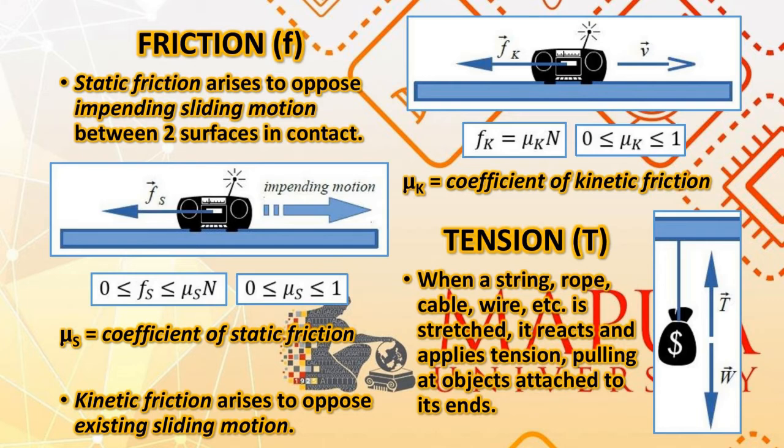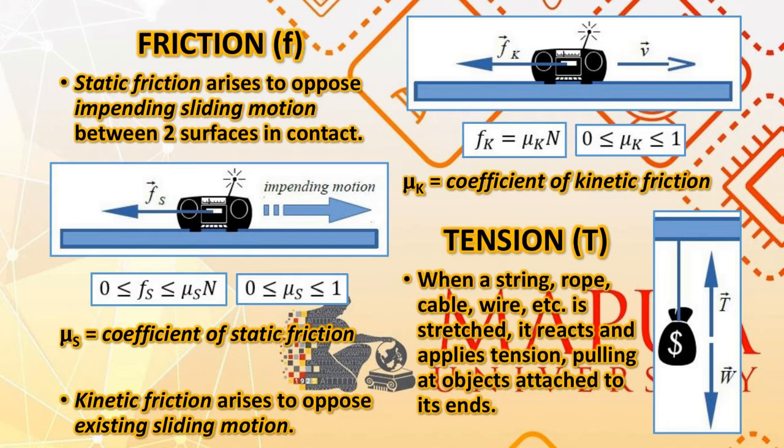So the surface of the object and the horizontal surface are in contact. If there is impending motion, the motion is just about to happen, static friction will arise to prevent the motion from happening. The direction of static friction is always opposite that of the impending motion. Static friction opposes the impending motion, so it is opposite in direction.